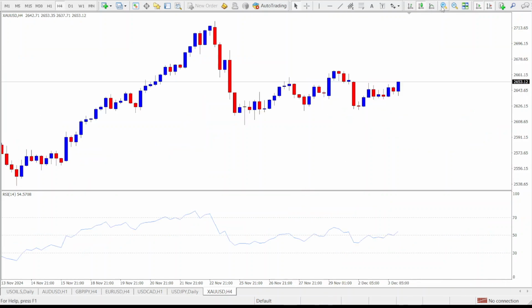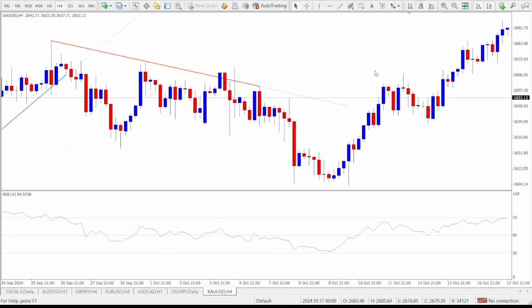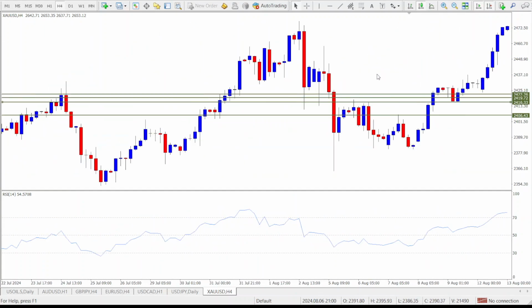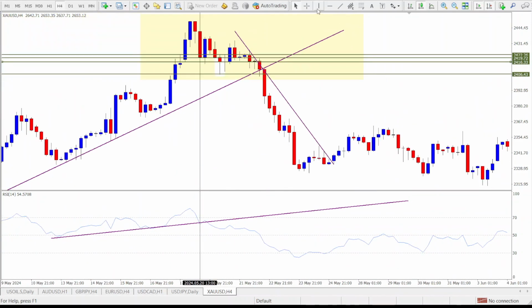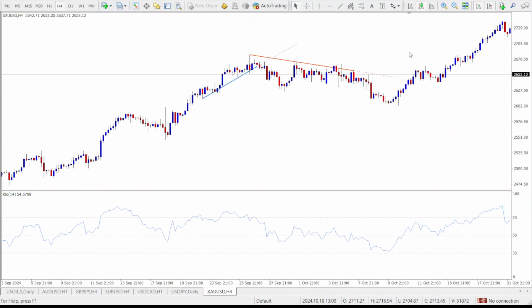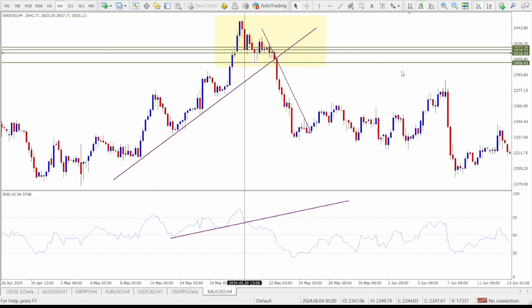For example, once you have identified the hanging man pattern and you have gotten your confirmations, it's important that you begin calculating your potential stop loss and potential take profit level. So in this case, let me just remove these horizontal lines.